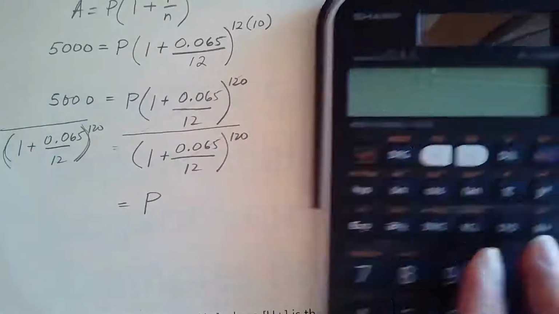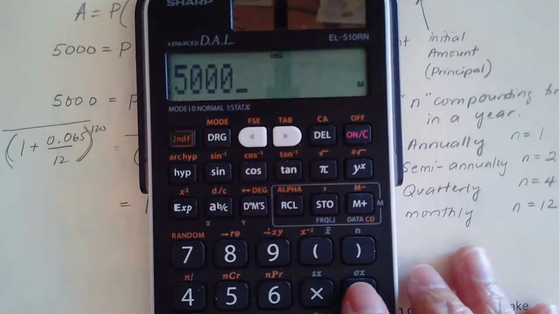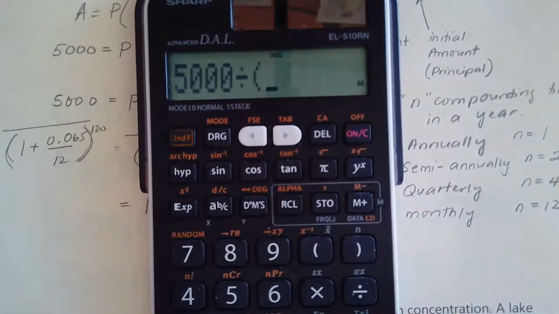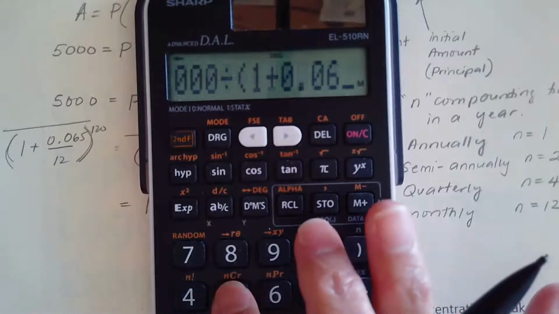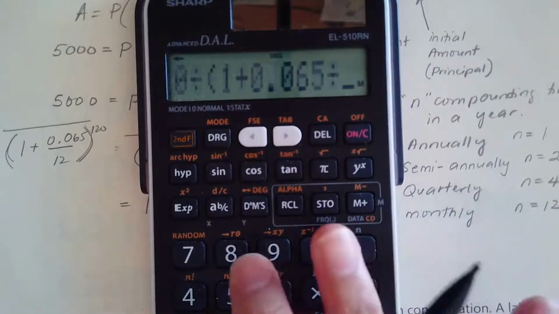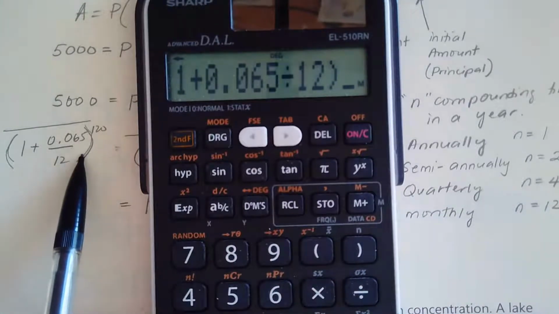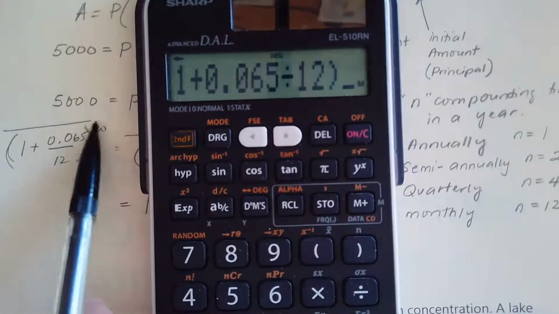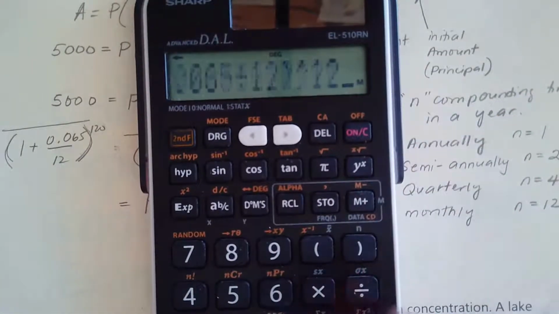So 5,000, divided by all of that. So divide it by 1 plus 0.065 divided by 12, and then I'm going to close that, and that is being raised to the exponent 120.